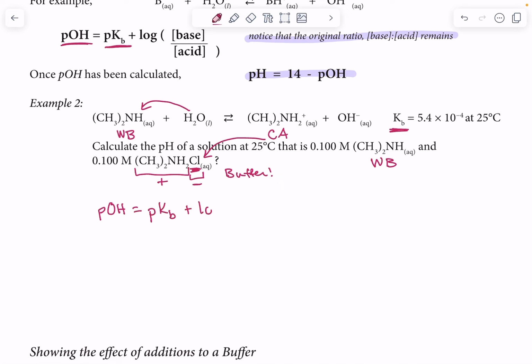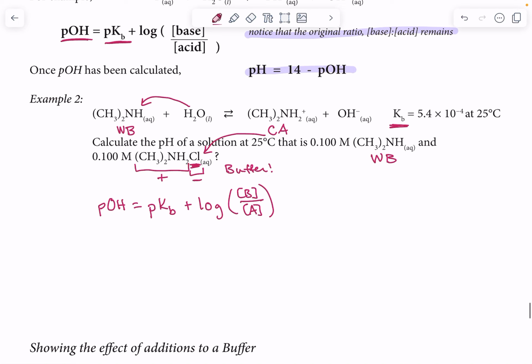So I'm going to use my modified equation here where I've got my pKb. So my pKb is going to be negative log of my Kb, so 5.4 times 10 to the negative fourth, plus the logarithm of the ratio of my concentration of base to acid.